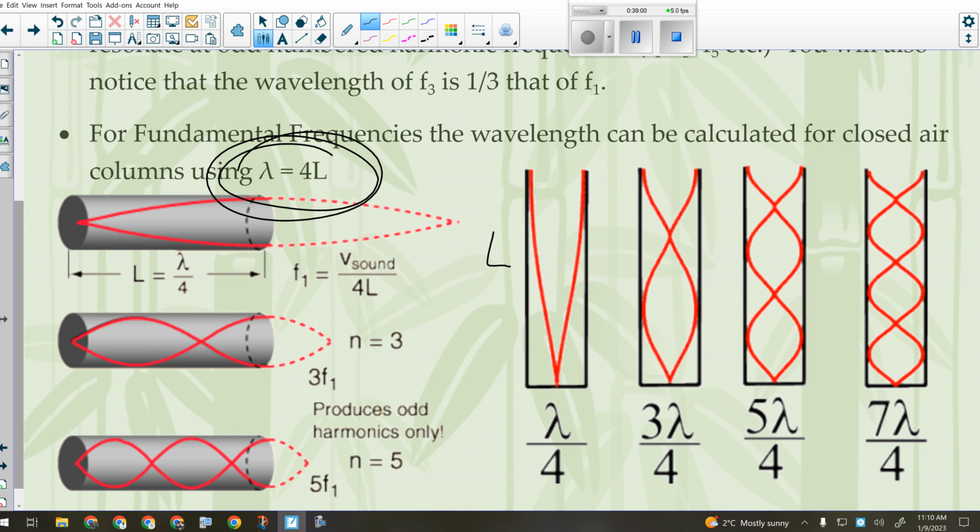Now, on this one, this was F1, and this was F3. This was F5, and this was F7. Why don't I have any even numbers? Because that would mean destructive.